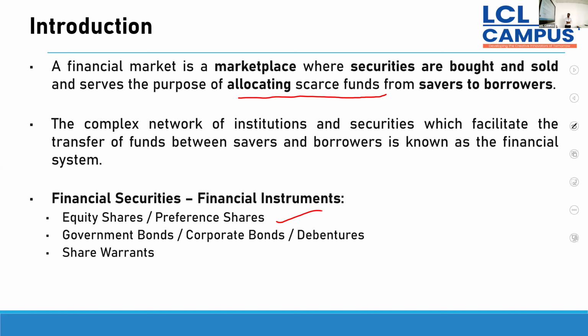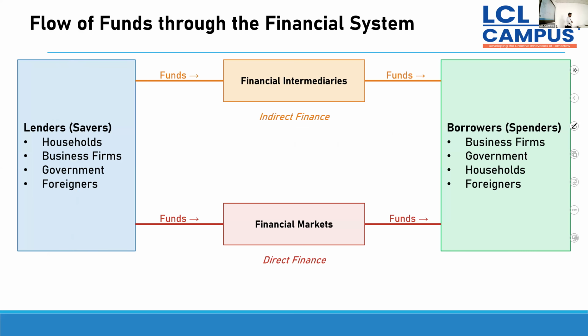The complex network of institutions and securities which facilitate the transfer of funds between savers and borrowers is known as the financial system. If you look at this flow, this is a financial system. On this side, savers are there. Households also save, no?